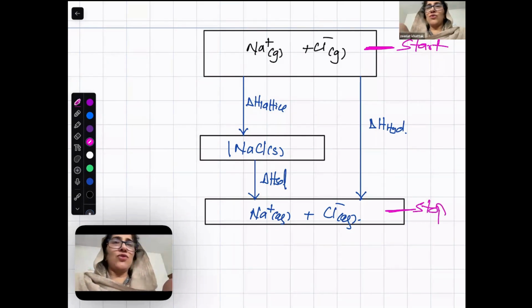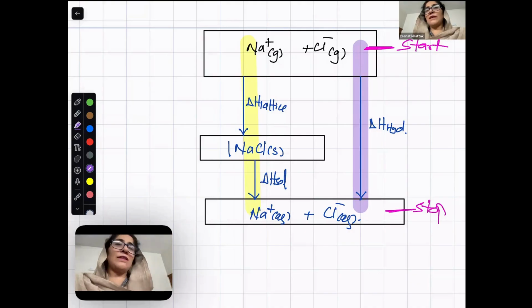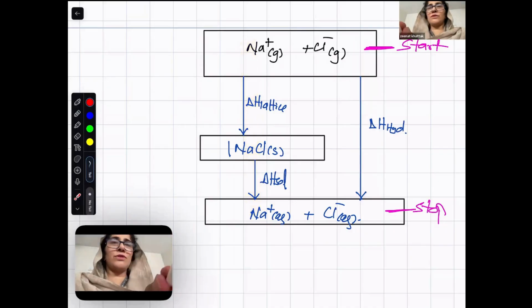So there are two routes. One route and the other route. I want to do it this way. Wait a minute, let me do it.